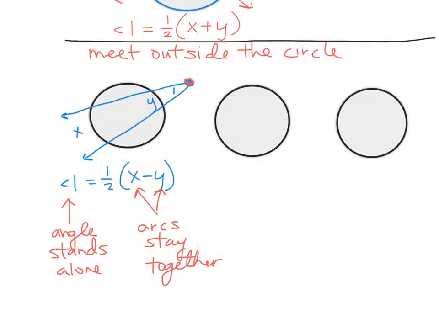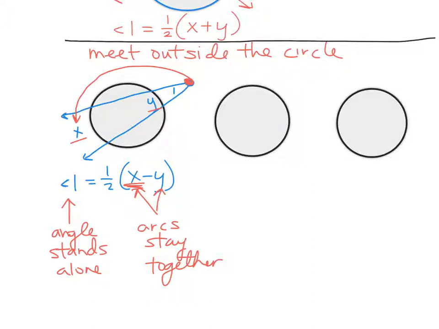When they meet inside, you're adding. And you need to make sure that the arc that's further away from your vertex is the one that comes first. It has to be x minus y. If you do y minus x, you end up with negatives. It doesn't work. Always the further away minus the closer to the angle.